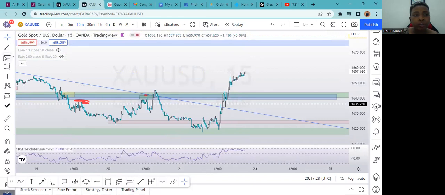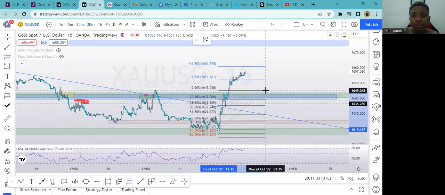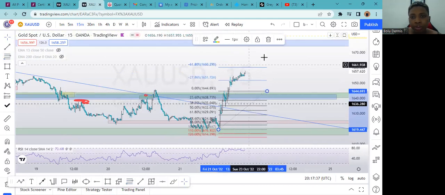So let me draw a fib around here. So I mean, we hit on minor structure, we hit 38.2 and continued an aggressive move up.